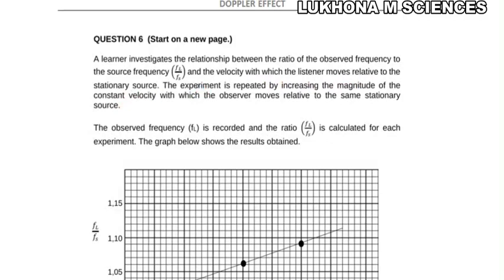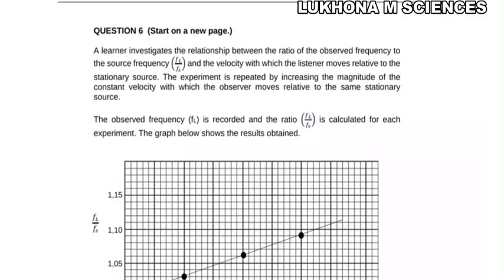The experiment is repeated by increasing the magnitude of the constant velocity with which the observer moves relative to the same stationary source. The observed frequency, that is FL, is recorded and the ratio is calculated for each experiment. The graph below shows the results obtained. Now let's look at the graph and analyze it.